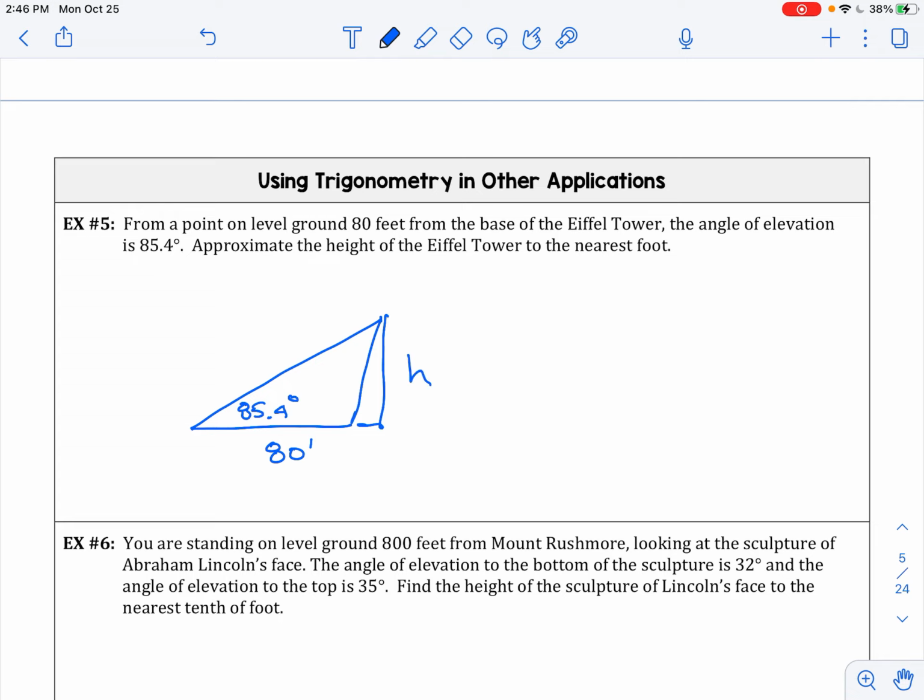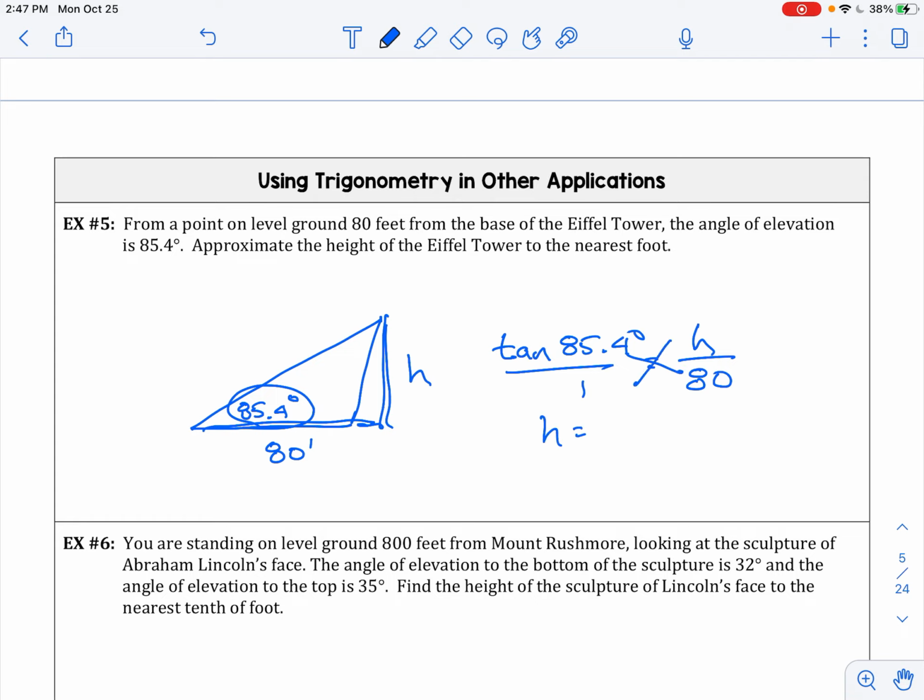So I think this one's a lot easier than the other ones in these applications, right? So we can pick up on this, but what would you do again? I have this, this, and this. What is that ratio? It would be a tangent ratio of 85.4 degrees, opposite over adjacent. Again, cross what you know, divided by cross what you don't.